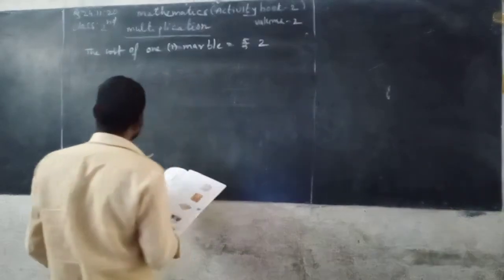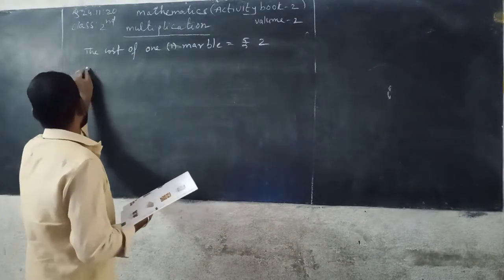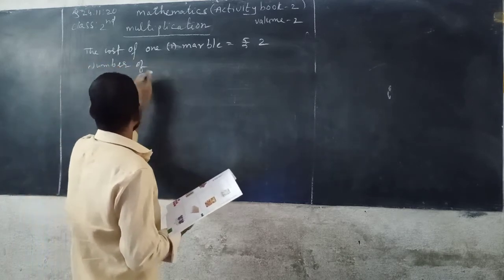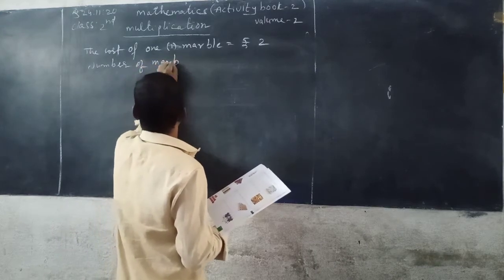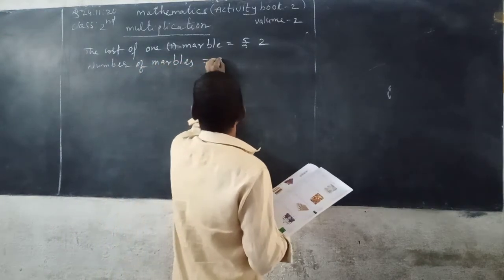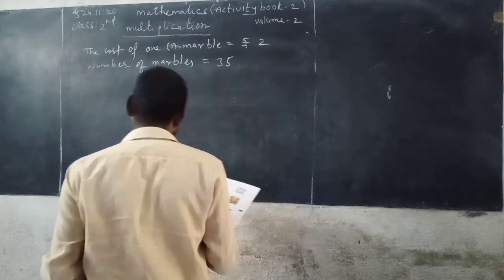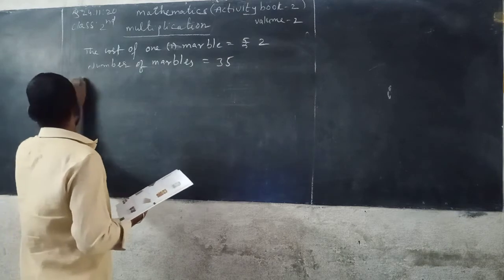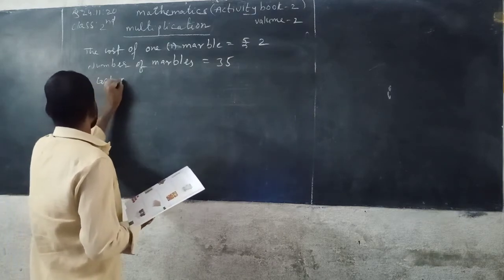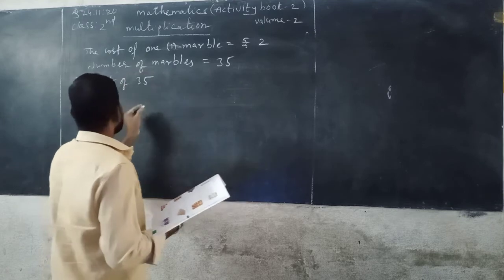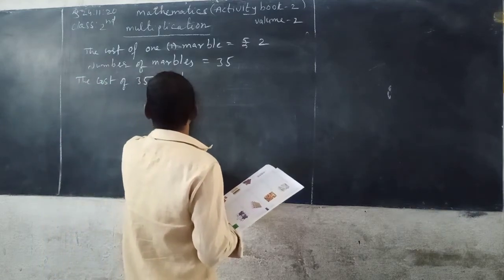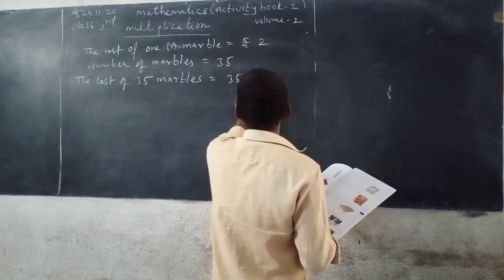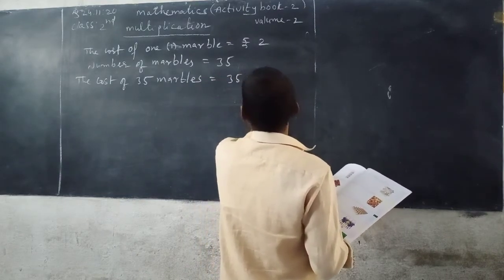So number of marbles, how many, beta? 35. So you can find out the cost of 35 marbles. The cost of 35 marbles is 35 into the cost of each marble, 2 rupees.